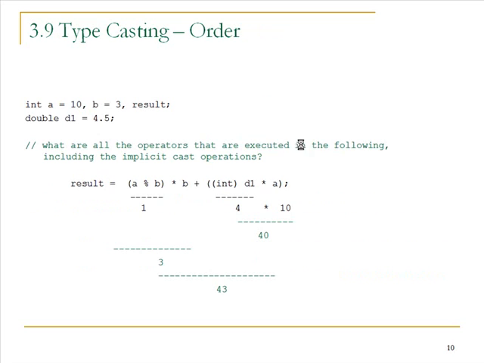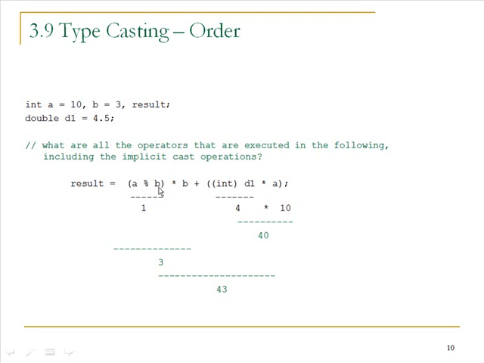These arithmetic expressions can get complicated, and you have to be able to decipher them, including the cast operators and understanding the data types. So let's look at this big expression here. This is the expression, and the whole thing ending in the semicolon is the statement. So what happens first?